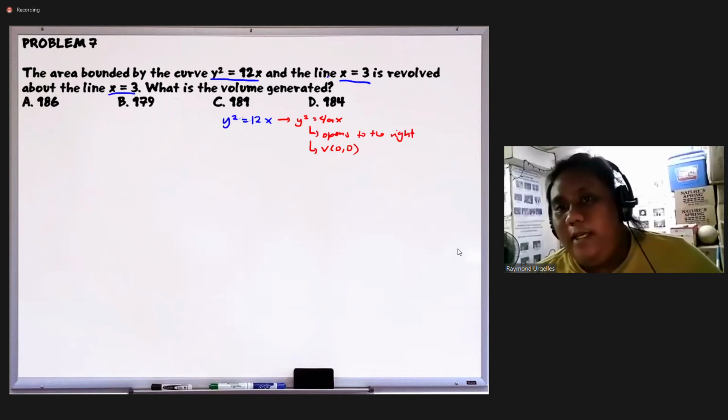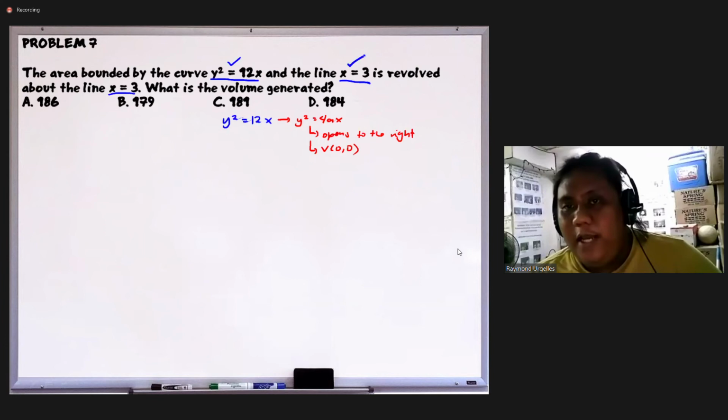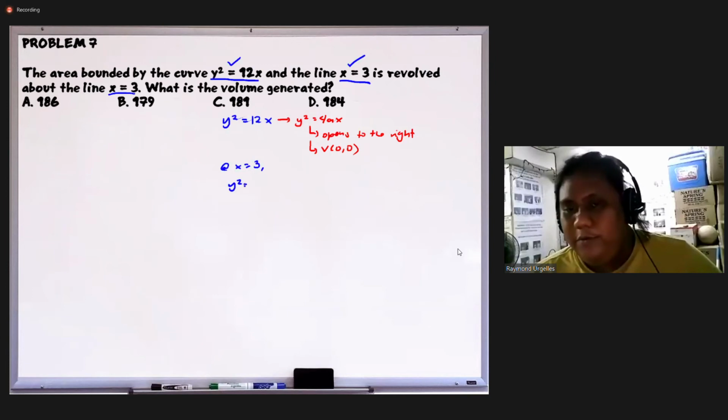Our boundaries are the curve and the line x is equal to 3. Let's get the points of intersection by solving at x equals 3. We have y squared is equal to 12x, so y squared is equal to 12 times 3, then y is equal to plus or minus 6.